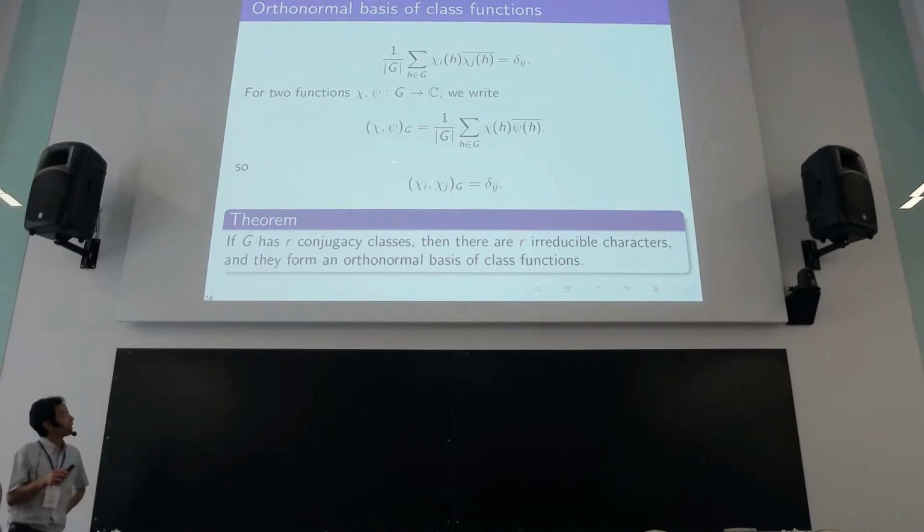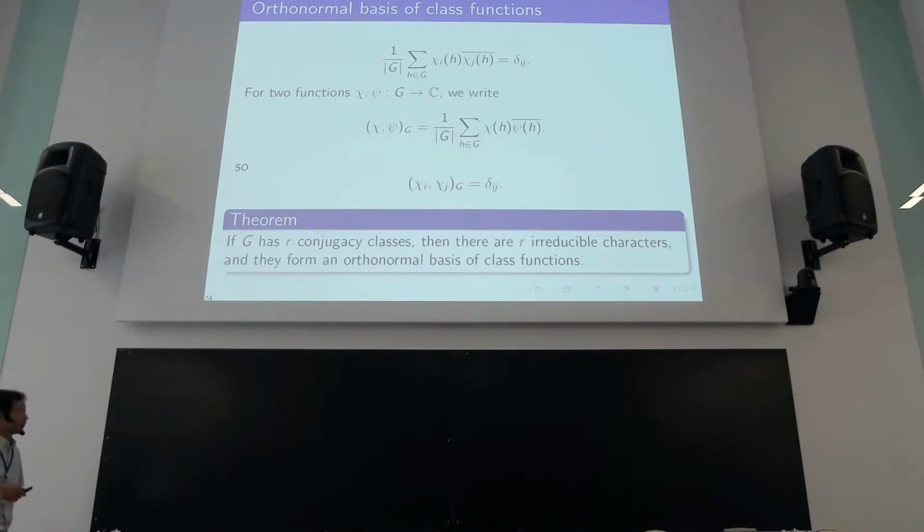So if chi and psi are complex-valued functions on G, then their inner product is just the normalized Hermitian inner product. Now this formula I just established in the previous two slides just says that the irreducible characters form an orthonormal basis with respect to this inner product.